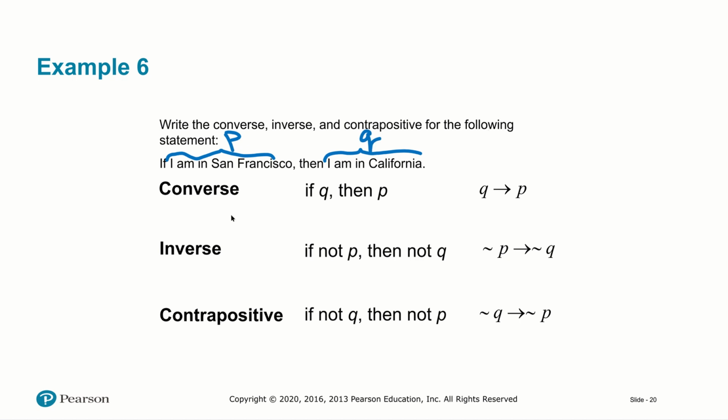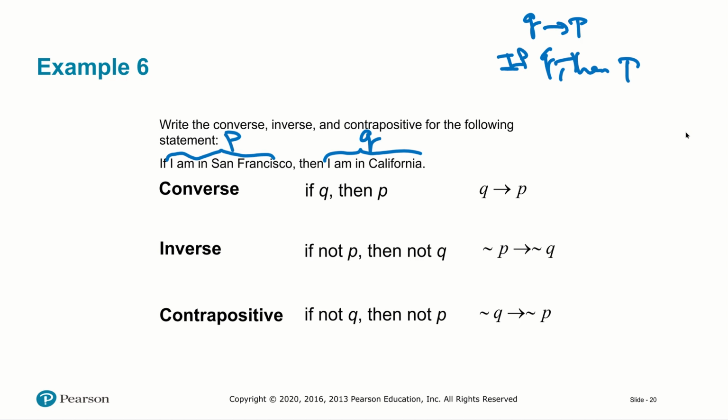So to write the converse, we know that we have to say Q implies P, or if Q, then P, right? Remember, Q implies P is the same thing as saying if Q, then P. So all we have to do is switch it up, right?